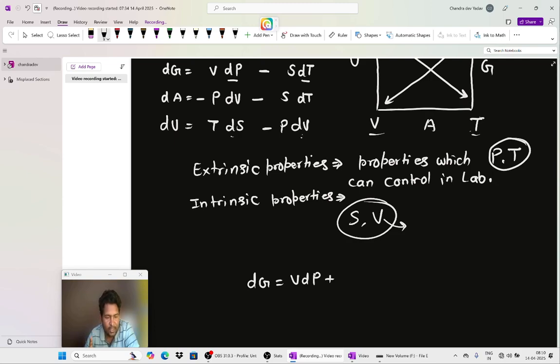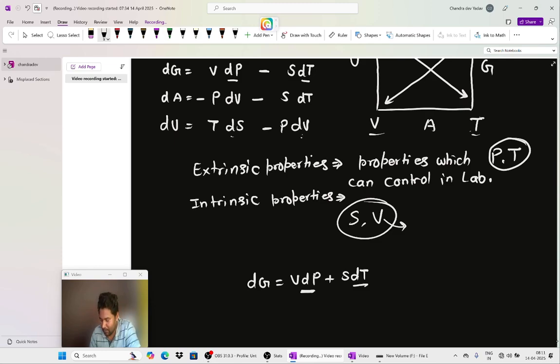Extensive means mass dependent, extrinsic means externally controlled, and similarly intensive means mass independent, and intrinsic means internally dependent, an internal property not controlled by external. So here, SdT and VdP. Pressure is also controlled by the external environment and temperature also. So we will discuss the spontaneity with the help of G.